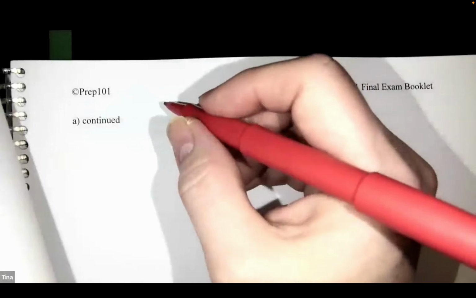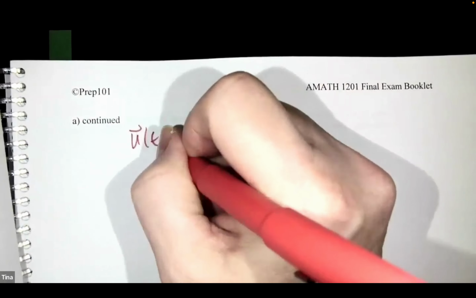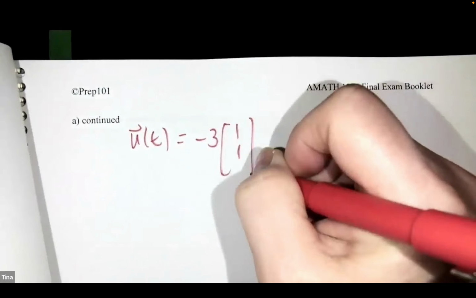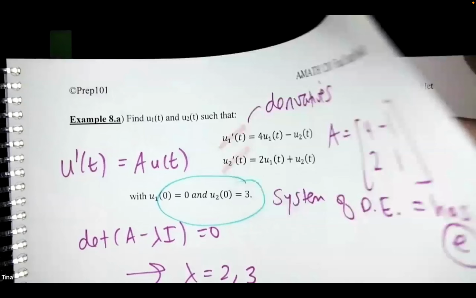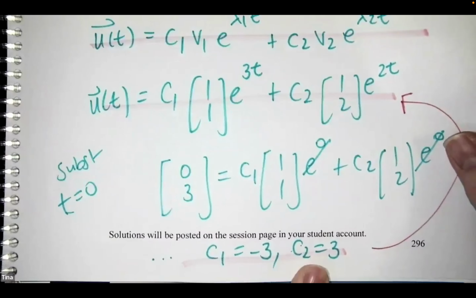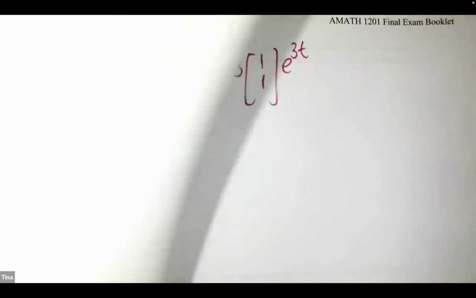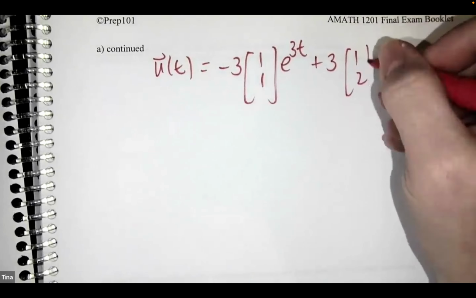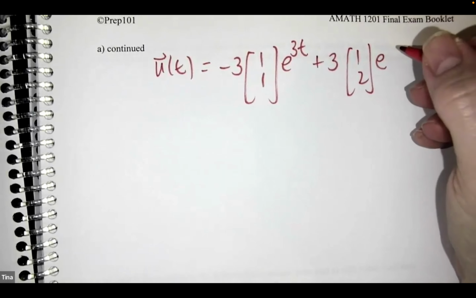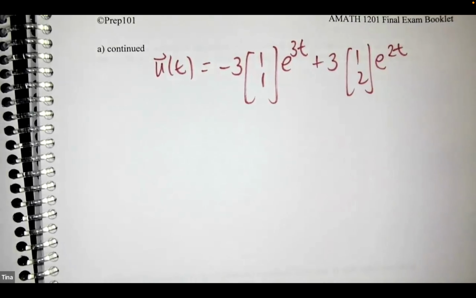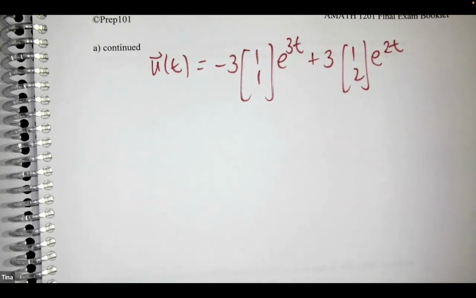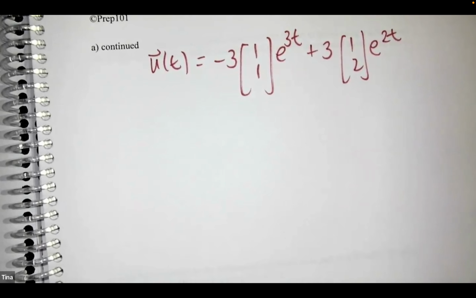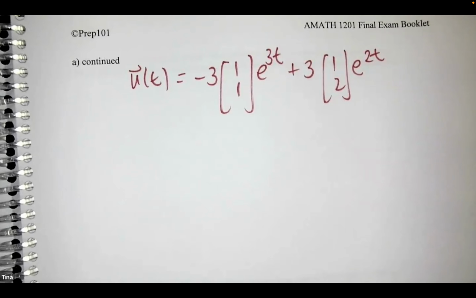So we would have u of t, C1 would be -3 times (1, 1), e to the 3t, and then C2 is 3, so 3 times vector (1, 2), and then e to the 2t. Okay. And then they had them sketch a solution, a couple solutions, okay?